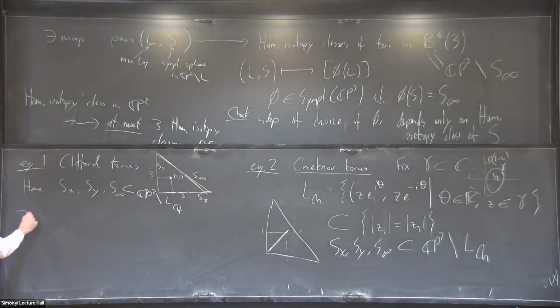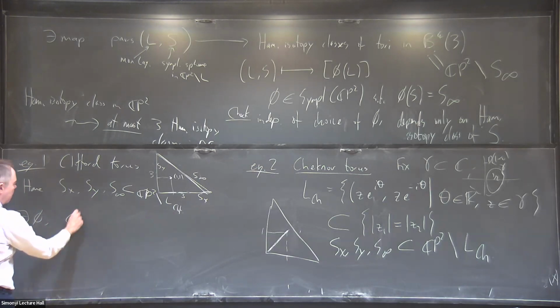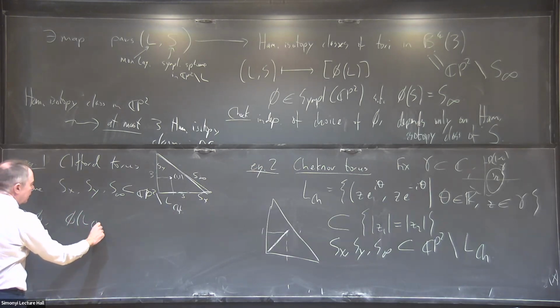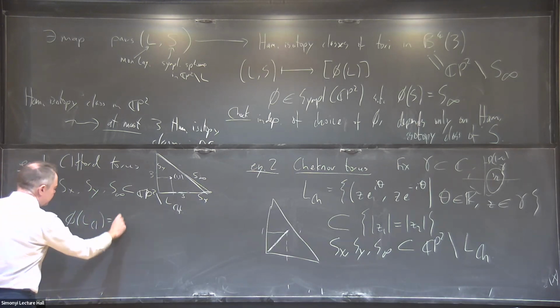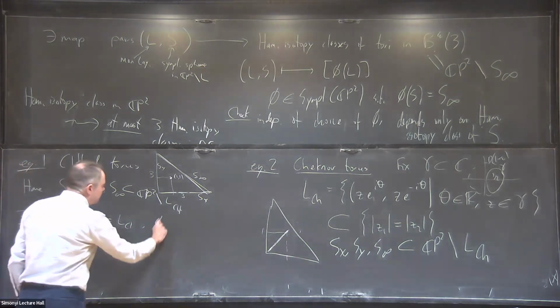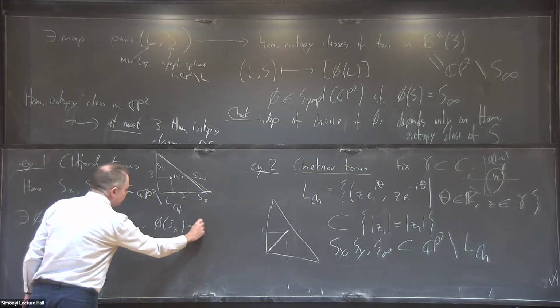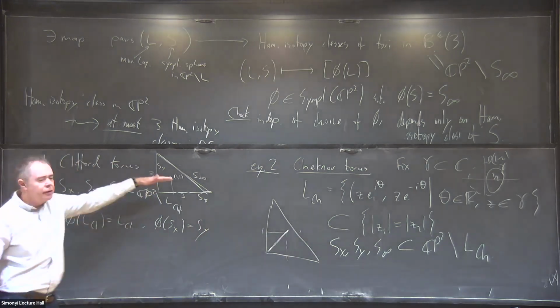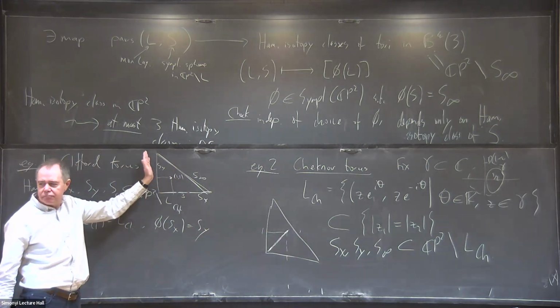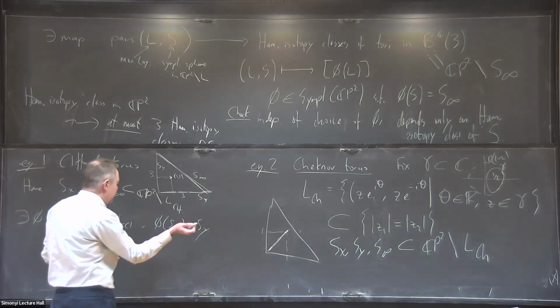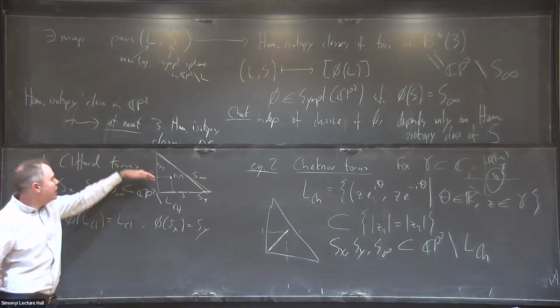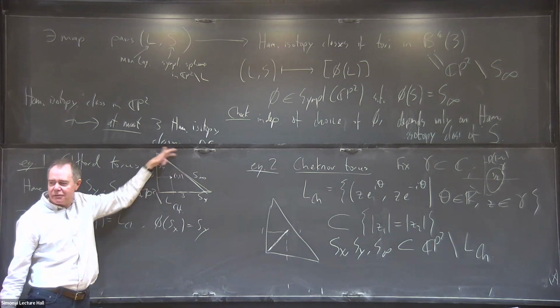So here there exists a symplectomorphism which preserves the Clifford torus, but maps Sx to Sy just by switching the two factors. Or you can map the factors around as much as you want.